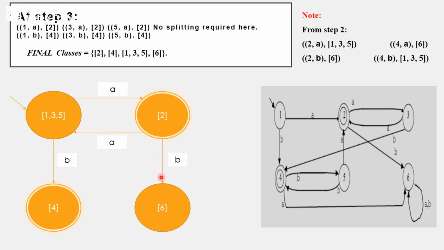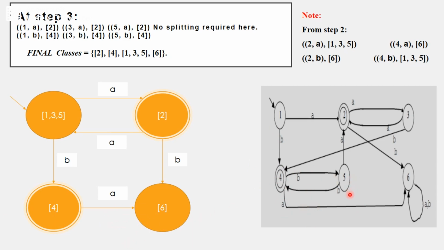That means it must take a transition on all the input characters only once. So 2 on A done, 2 on B done. Now for 4. 4 on A goes to 6.